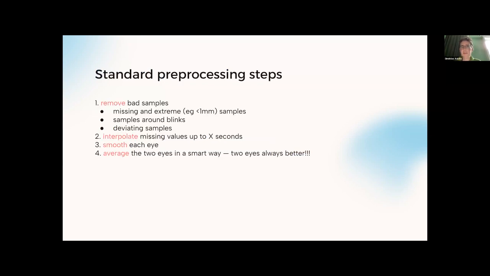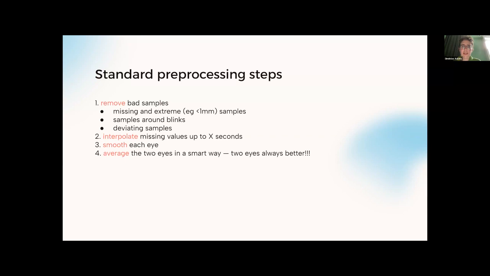Standard pre-processing steps that most pipelines include are removing bad samples, which are missing and extreme values that are out of normal physiological bounds, samples that are around blinks, which are usually influenced by partial occlusion of the pupil, and different types of deviating samples.